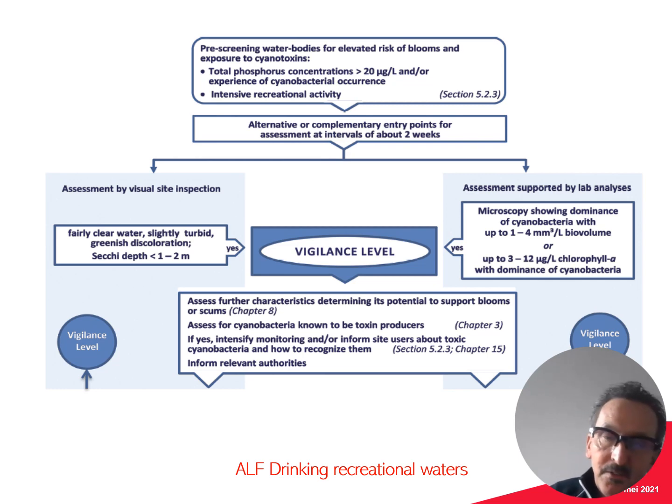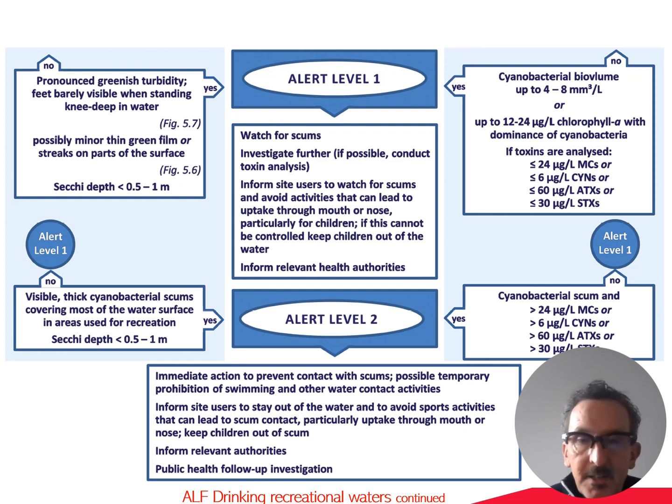If there are additional reasons to say, I can see, for instance, known toxin producers, you intensify your monitoring, you start to inform lake users, and you inform relevant authorities. And then, as before, if the values that you're following, like biovolume, like chlorophyll, maybe even toxin concentrations, start to exceed certain threshold levels, you scale up to alert level 1 and finally alert level 2.